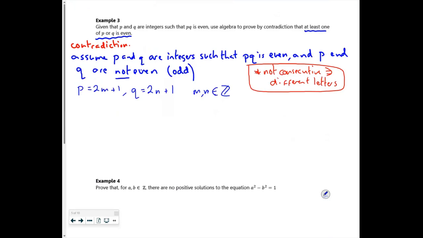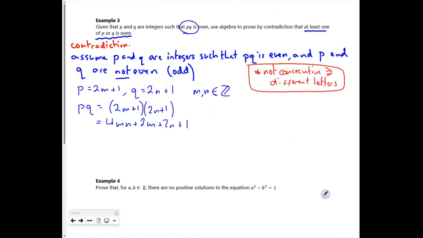M and N belong to the integers. Right, so PQ, I've got to look at them times together. So PQ is going to be 4mn plus 2m plus 2n plus 1.